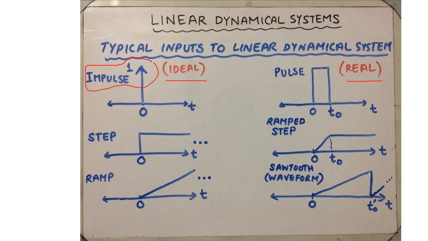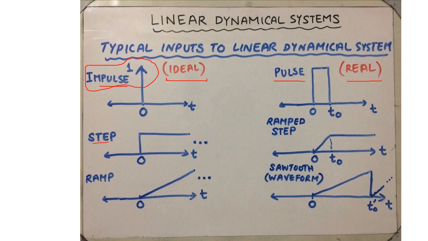Now the impulse is more like an ideal input signal. In reality, however, we deal with the pulse. And we saw earlier that this impulse can be approximated by a pulse in the limit when the width goes to 0 and the height goes to infinity.